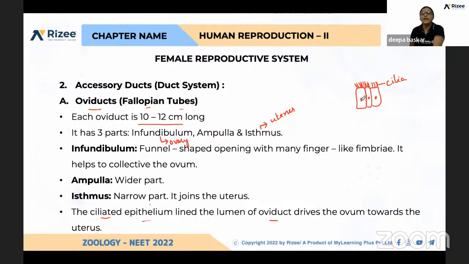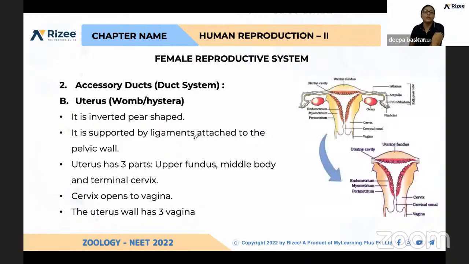Also important are the length of the oviduct, the part of the oviduct where fertilization occurs, and that the lining of the fallopian tube is ciliated epithelium. These are the important points to remember regarding the oviduct.